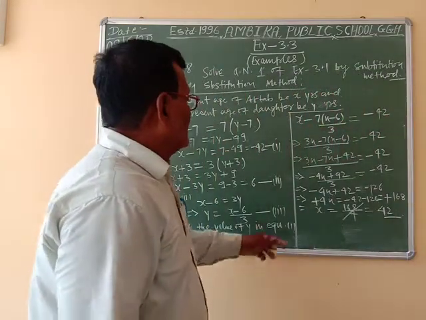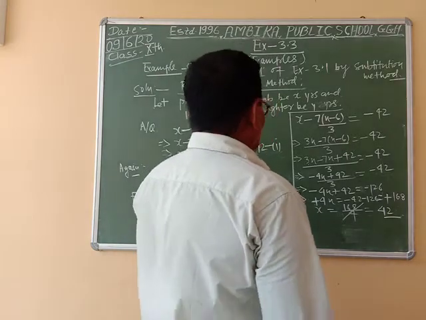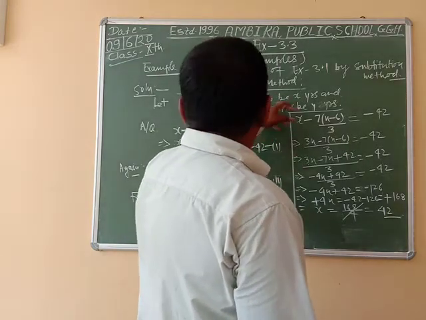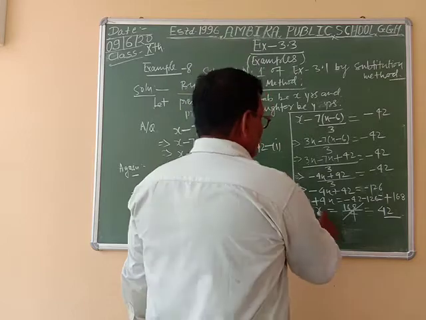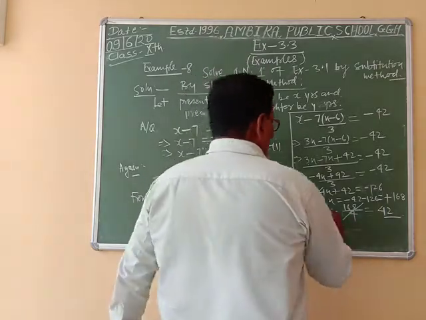Here we had considered x to be the present age of Aftab, so x is equal to 42.